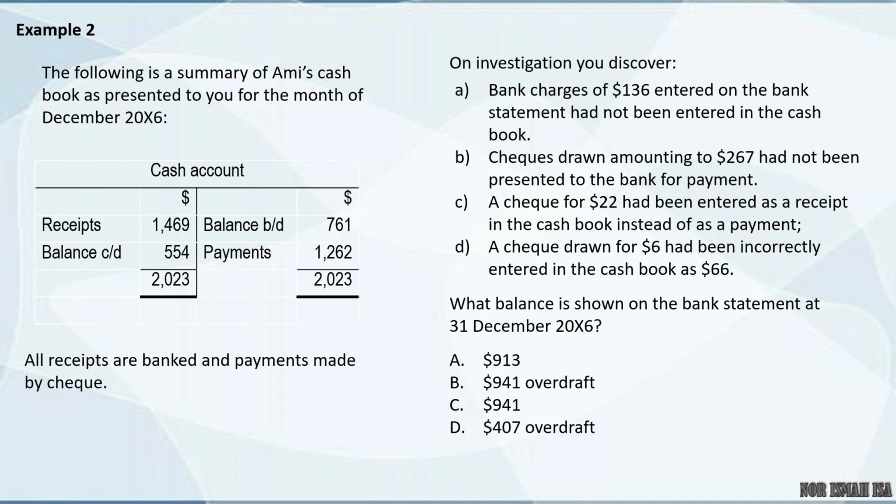So what balance shows in the bank statement at 31st December 2006? Let's see which ones are related with the bank statement, not in the bank statement, which is number B. First we need to do the adjustment for the cash book.